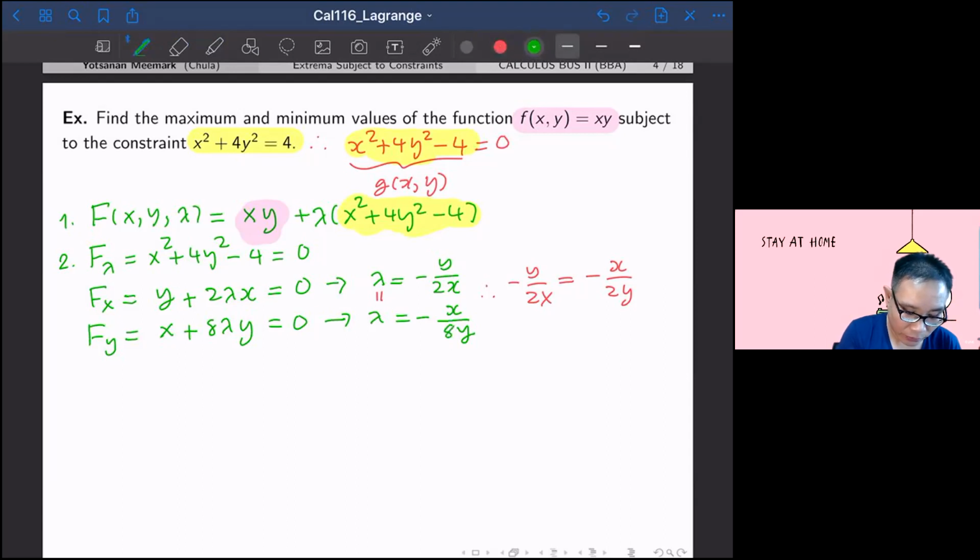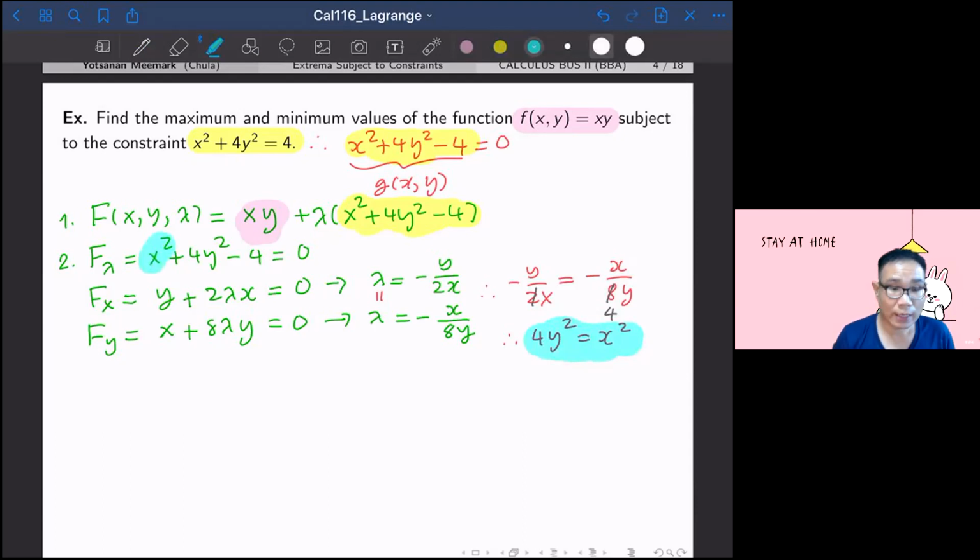It's going to be 8, and you see that you can get rid of common factors, so it gives you 4. You would have 4y squared equal to x squared, so x squared equal to 4y squared. This is the blue guy.